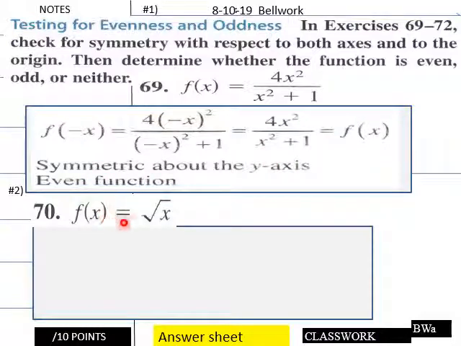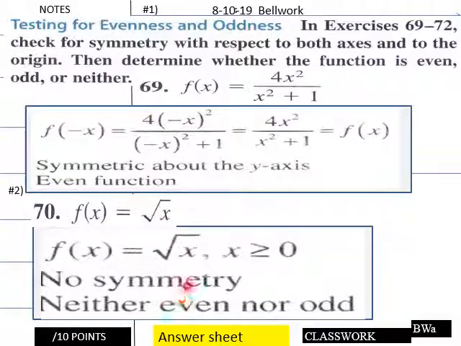And then for 70 here, we have no symmetry, neither even nor odd, because f of x equals square root of x, so x is greater than or equal to 0. And there is no symmetry. If you know that function, it almost looks like a log function. So it's neither even nor odd.